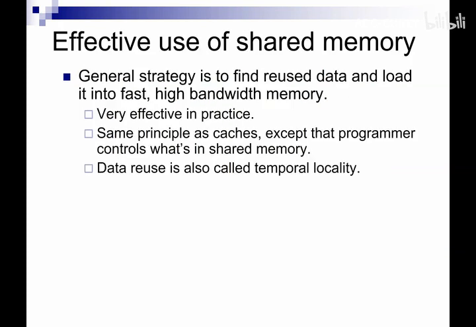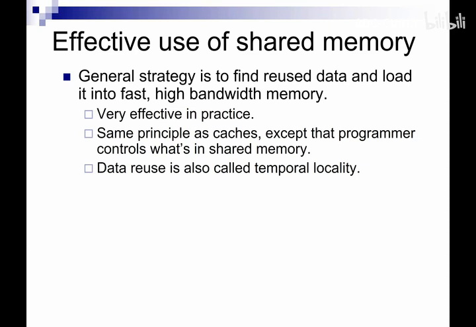Now this use of shared memory that we saw is a way of effectively increasing your memory bandwidth. This is very useful in practice. It's actually the same principle as caches, because you're reusing data. Here we read those purple tiles and we reuse that data from shared memory instead of from the cache.